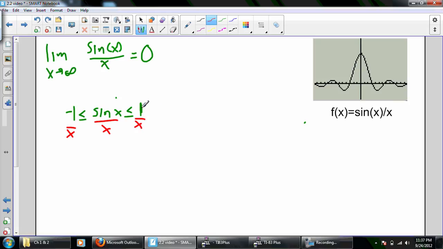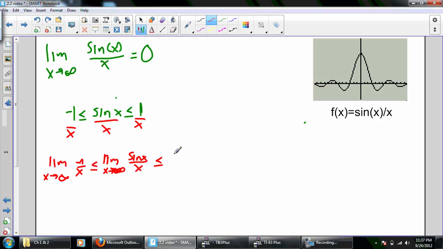Let's see what happens when we take the limit of each of these. So I really want to know the limit as x approaches infinity of negative 1 over x. That should, in theory, be less than or equal to the limit as x approaches infinity of sine of x over x.